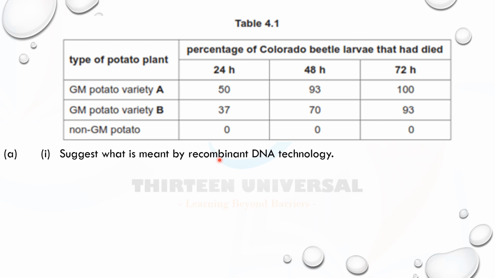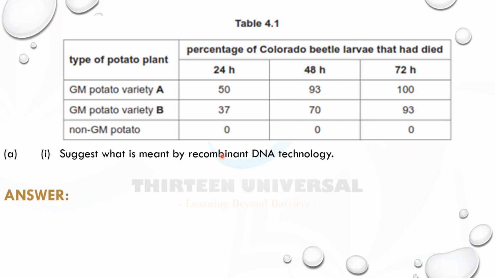So it's a process whereby two DNA molecules from different sources are joined together and transferred into another organism, of the same or different species. That organism now becomes genetically modified. That's transferring recombinant DNA. Recombinant DNA is DNA made of different DNA molecules from different sources.